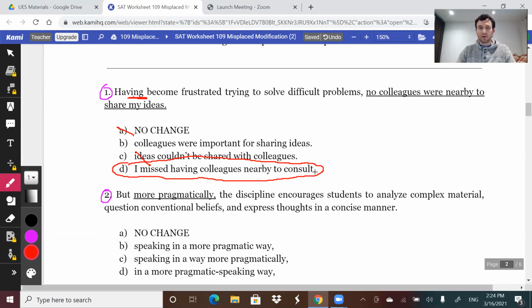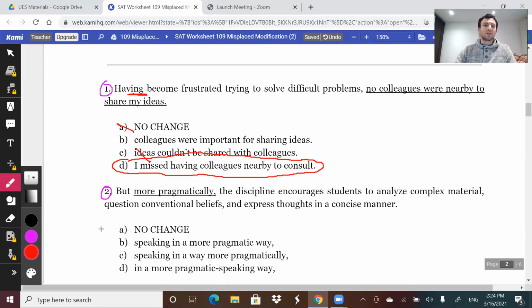Okay, so anyway, if we look at example 2, again, it's funny. They're testing us on the first part. They're testing us on the modifier because they've actually already given us the noun that follows. The noun in this case is the discipline. So a discipline is something like philosophy, astronomy. It's any type of field of study.